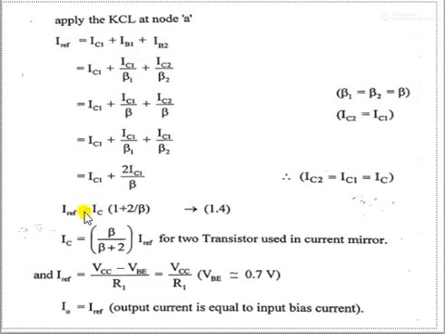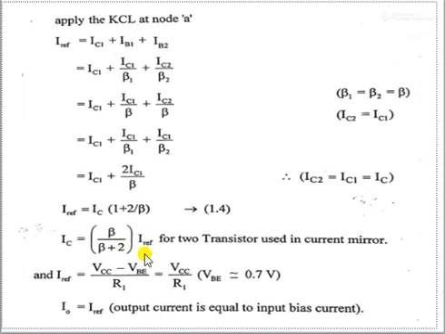Therefore I reference is equal to IC into 1 plus 2 by beta. Now taking LCM, we will have IC is equal to beta by beta plus 2 into I reference. That means the output current IC or I0 is equal to beta by beta plus 2 into I reference.